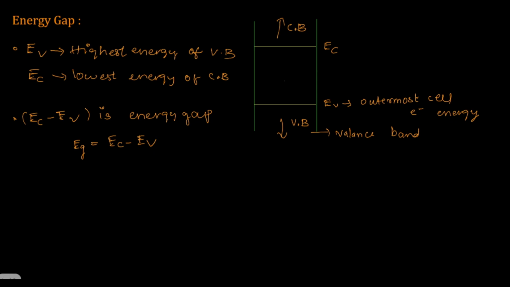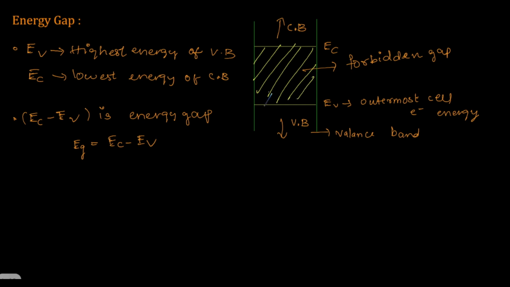So this gap is known as the forbidden gap. There will be no energy state for an electron to stay in this region, and that is why we call it the forbidden gap.